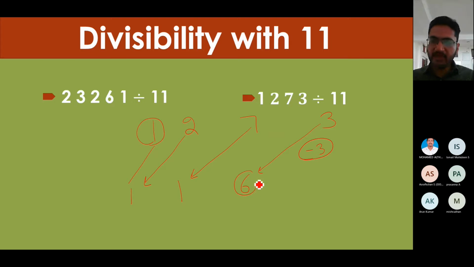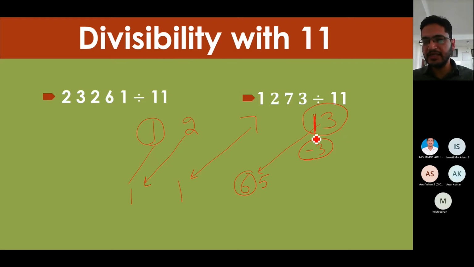Now I will take 1 from this number and it will become 5, and the number 1 I will write in front of this number, before this 3, and this will become 13. Now I will subtract 5 from 13, that is 8. Now the quotient is 115, and the remainder is 8.